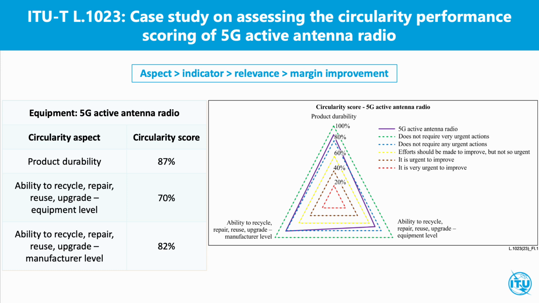Manufacturer level support received 82%, highlighting proactive efforts like spare parts availability and service programs. This scoring process provides a clear and actionable picture, enabling both designers and stakeholders to focus efforts where they matter most, and demonstrates how targeted design improvements can lead to meaningful progress.